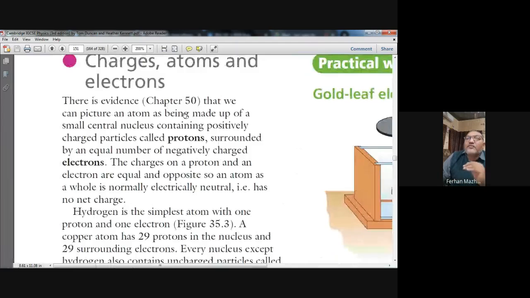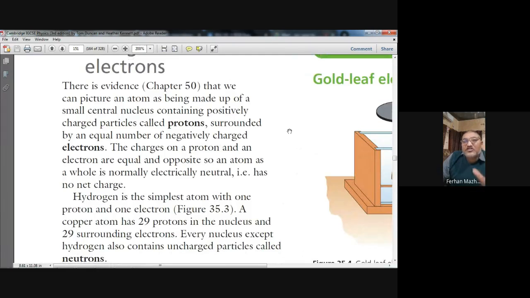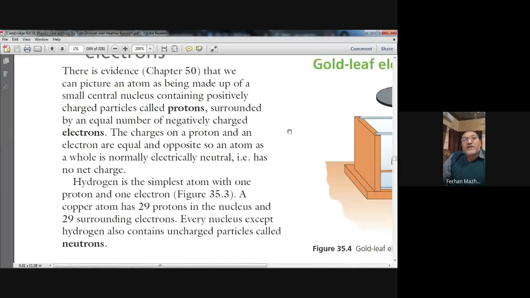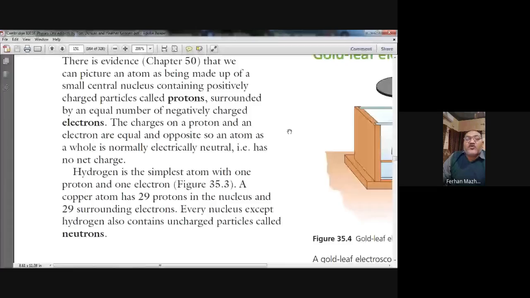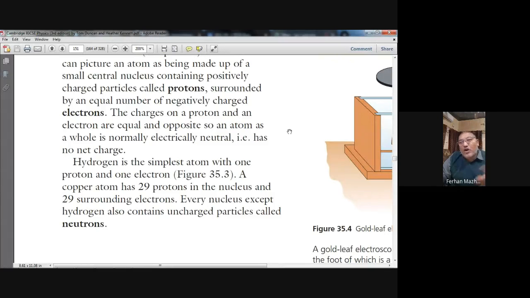You see, there is evidence that we can picture an atom as being made up of a small central nucleus containing positively charged particles called protons, surrounded by an equal number of negatively charged electrons. The charges on a proton and an electron are equal and opposite. So an atom as a whole is normally electrically neutral.